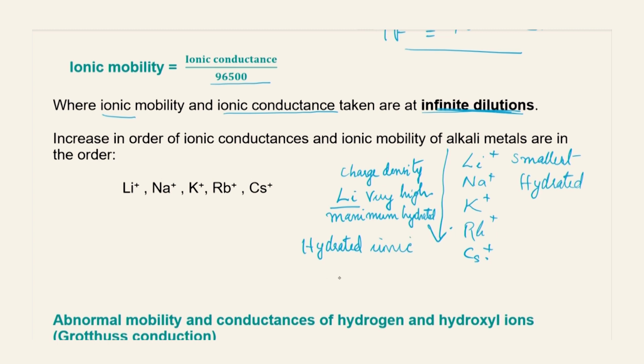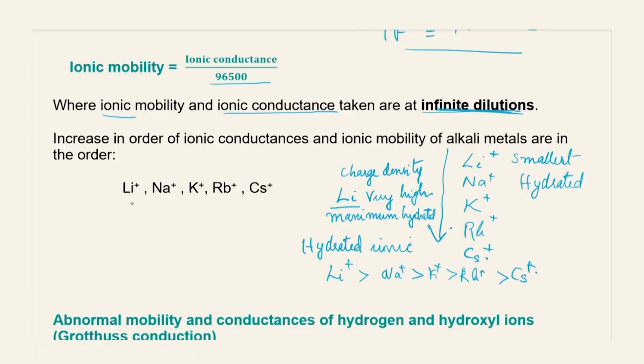Ionic sizes will be: lithium has the biggest size, greater than sodium, greater than potassium, greater than rubidium, greater than cesium. Now, the case is different. Here, lithium has the hydrated ion, which has a larger size, and therefore lithium moves very slowly.